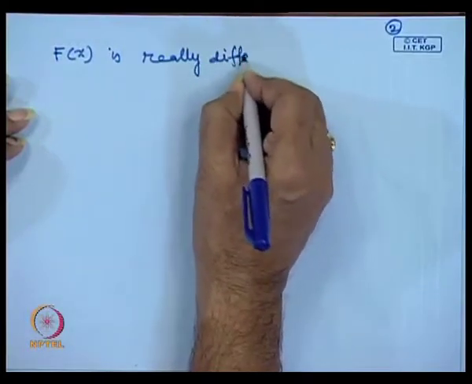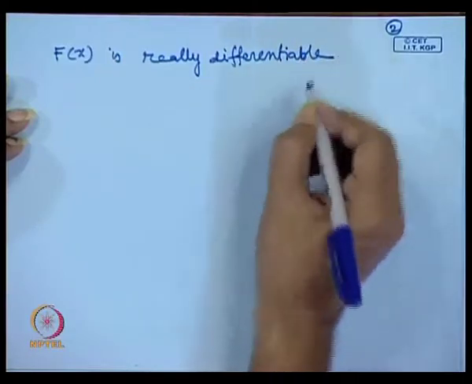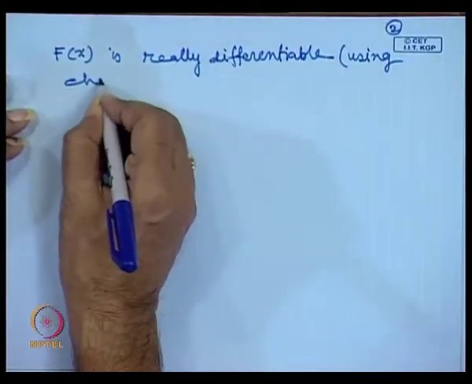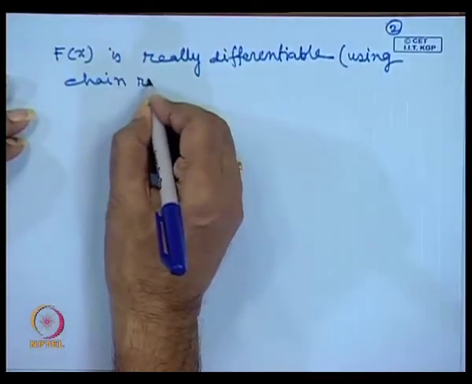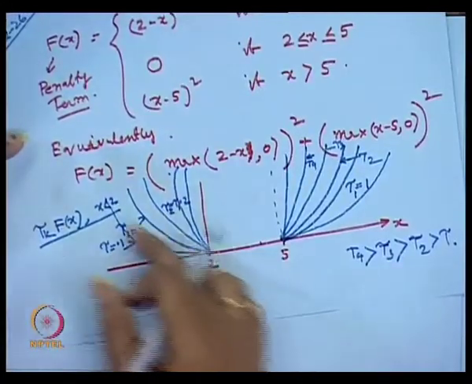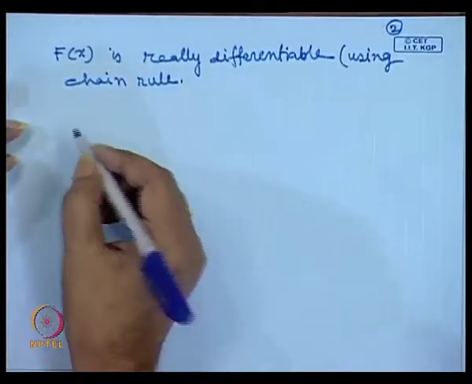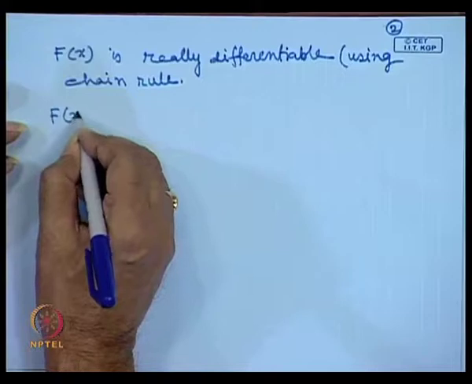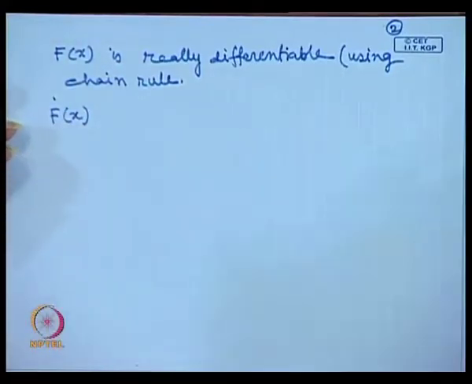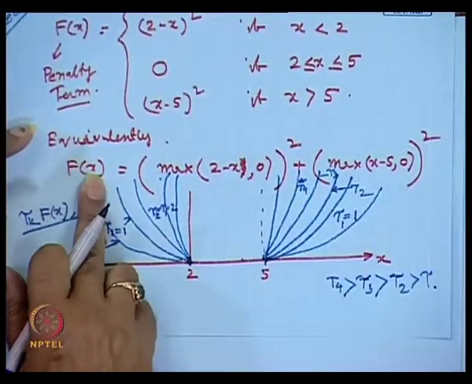Using the chain rule, see this one, this is a continuous function. So, this function is differentiable. If you differentiate, f dash of x, what is this function? I will do the differentiation with respect to x.